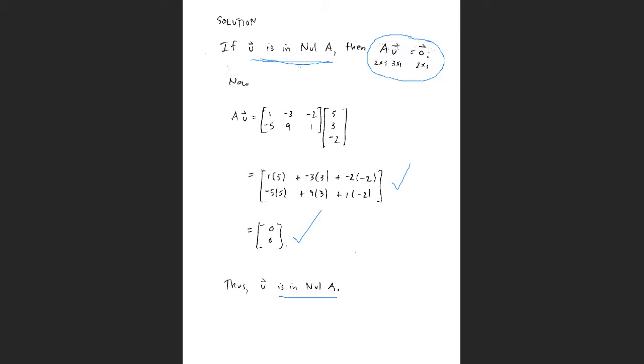Yeah, it's not hard. And you're going to find also that the null space of a matrix is also a subspace. So in this case, for this problem, the null space of matrix A is a subset of what space?